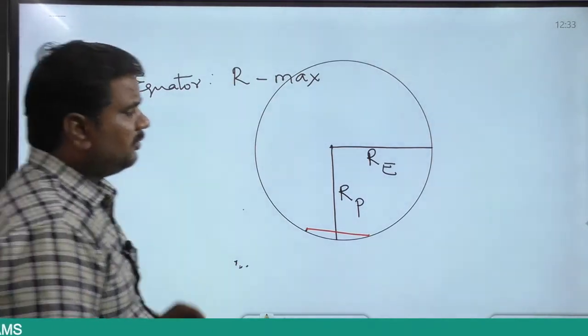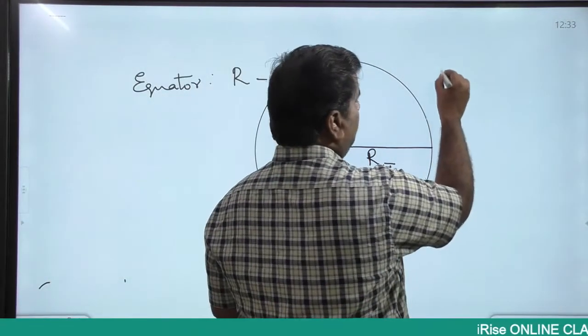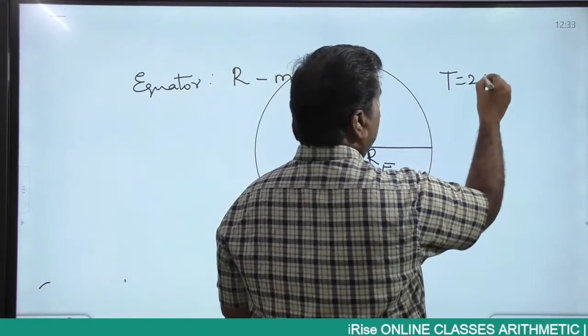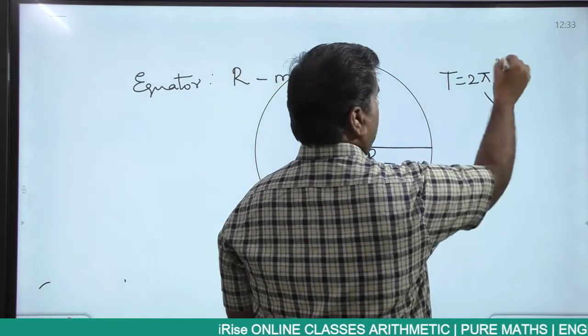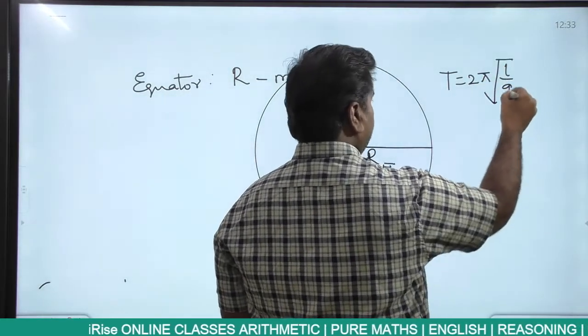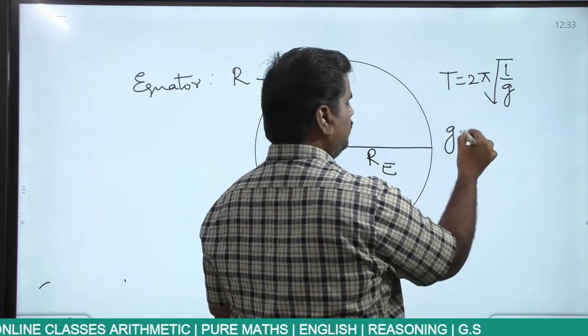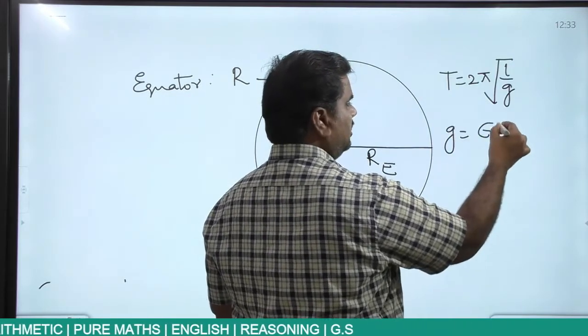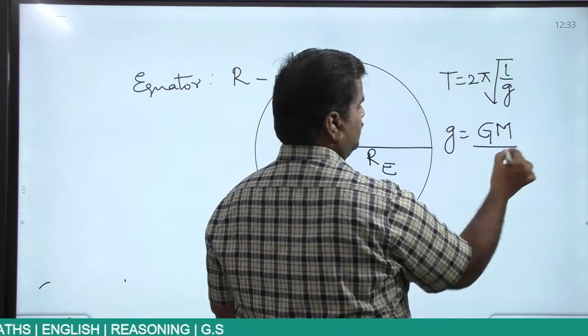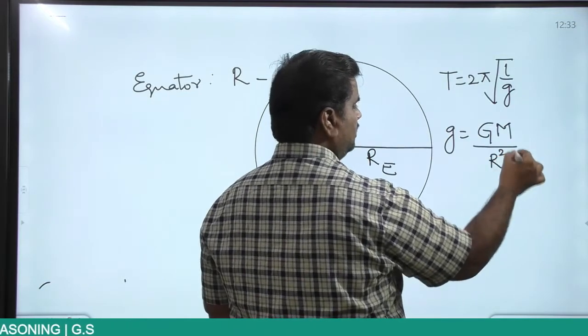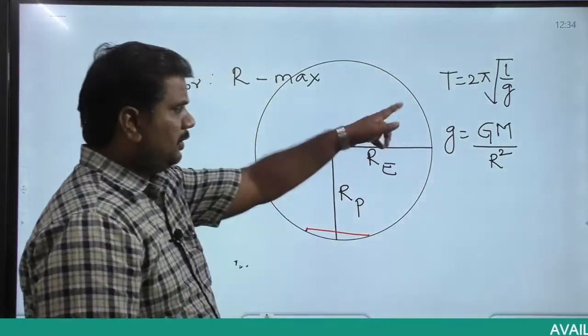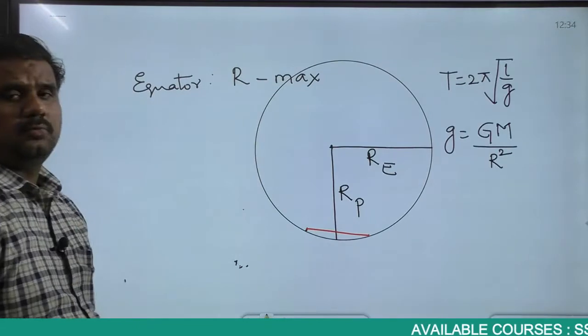Here we have two different equations. What is the first equation? T = 2π√(L/g). At the same time, you have one more equation connecting acceleration due to gravity and radius of Earth, g = GM/r². Now we'll write this based on those formulas.